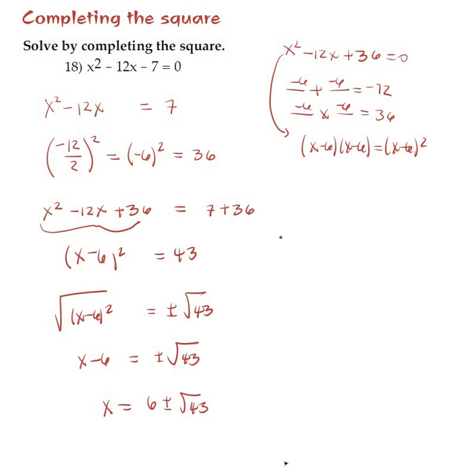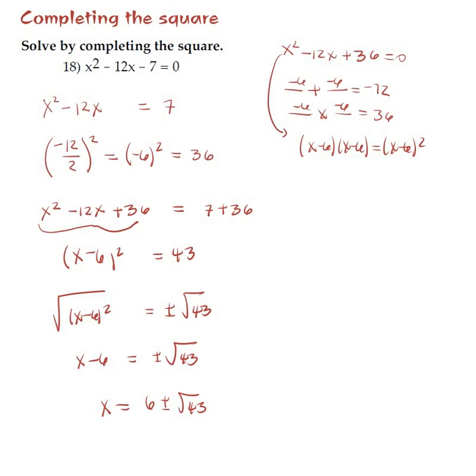And if you remember the quadratic formula, let me move this a little bit. If you want to use the quadratic formula, let me do it here. The quadratic formula says x is equal to minus b plus or minus the square root of b squared minus 4ac, all of this divided by 2a.